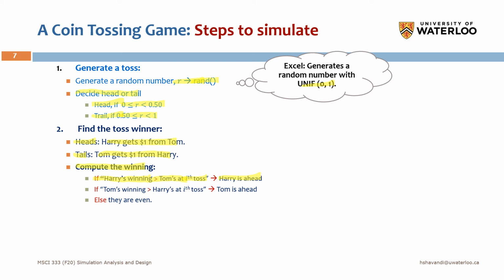But if the total winnings of Tom are greater than Harry's at the ith toss, then Tom is ahead. Otherwise, they are even. So this is how we determine who is ahead at the ith toss.